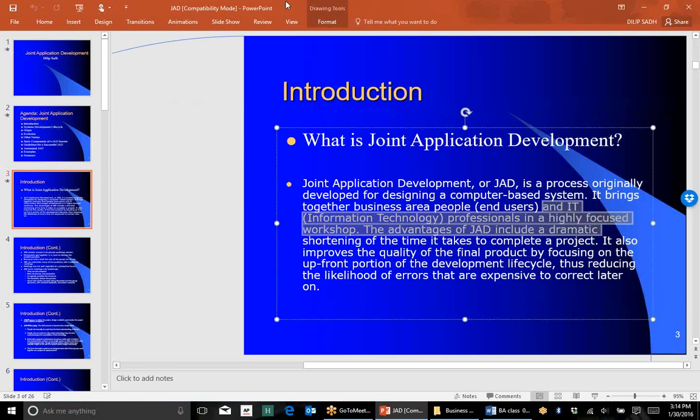Because people are working together in a collaborative manner to do these different tasks, in such an environment the time taken to complete the development cycle is drastically reduced.